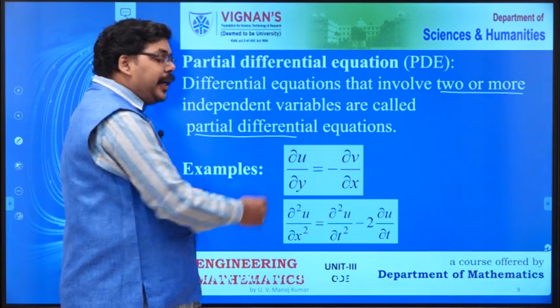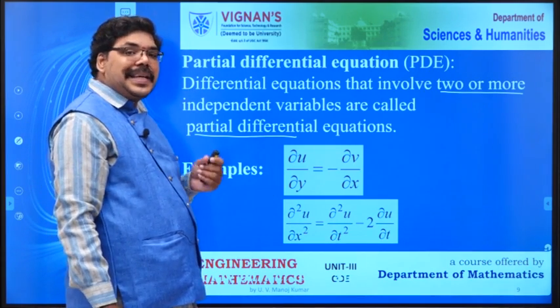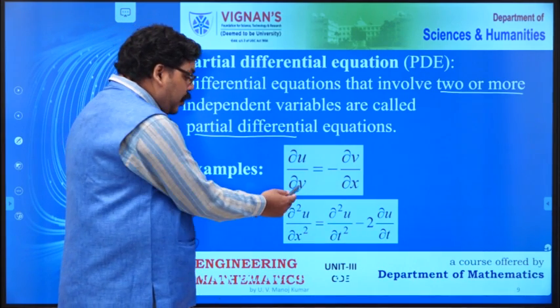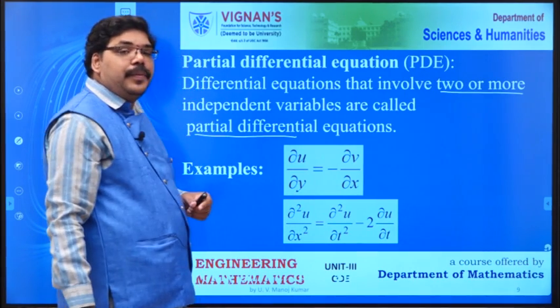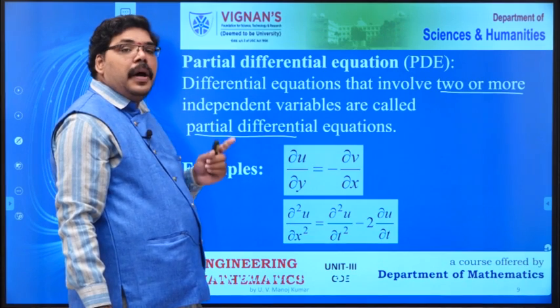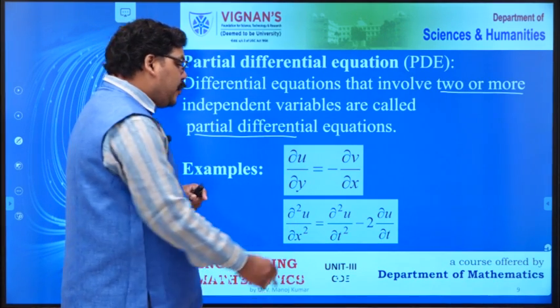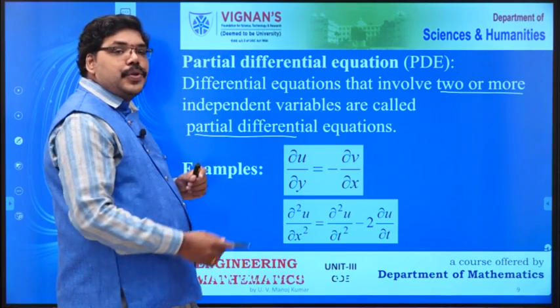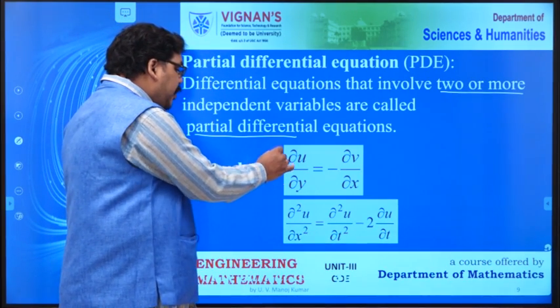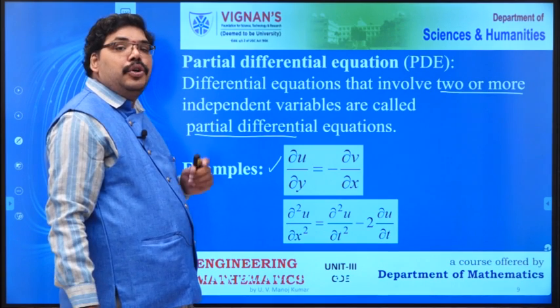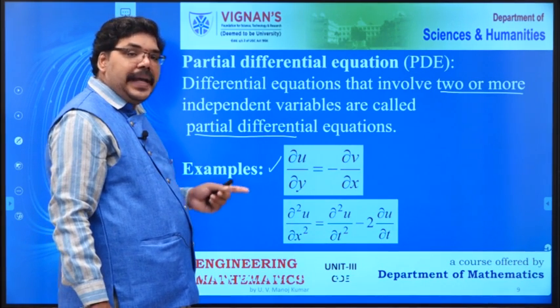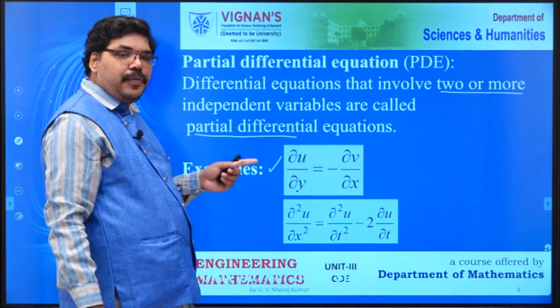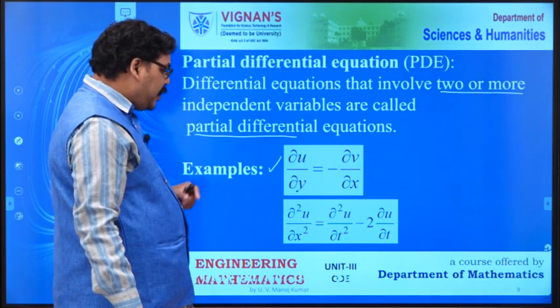So dou u by dou y. What is the independent variable there? Y is the independent variable. Equals to minus dou v by dou x. What is the independent variable? X is the independent variable. So this differential equation is involving two independent variables, y and x. So therefore it is a partial differential equation.